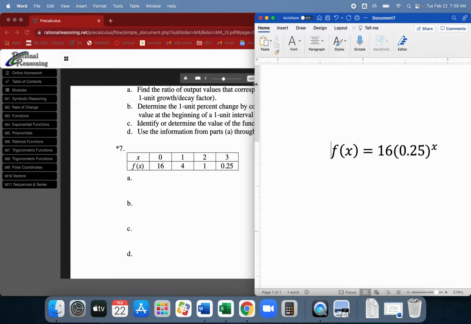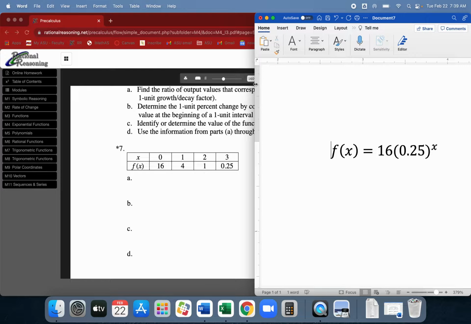The multiplication by 1 is like 100%, I'm keeping 100% of my value. If I have something smaller than 1, like 0.8, I'm keeping 80% of my value. 0.25, I'm keeping 25% of my value. So what's gone is how far away it is from 1.